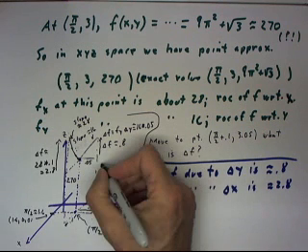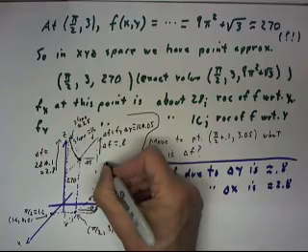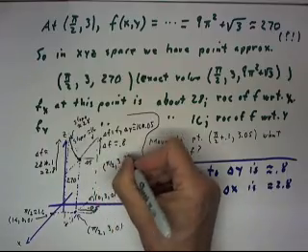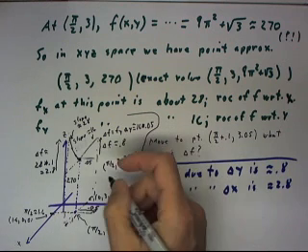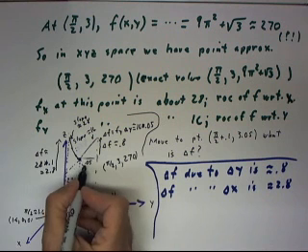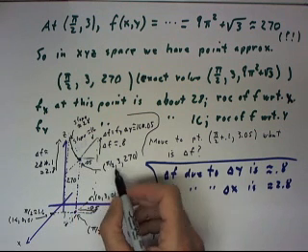And that point is pi over 2, 3, approximately 270. Remember, the 270 is a pretty bad approximation, so don't take that too literally. So that's the coordinates of this point.